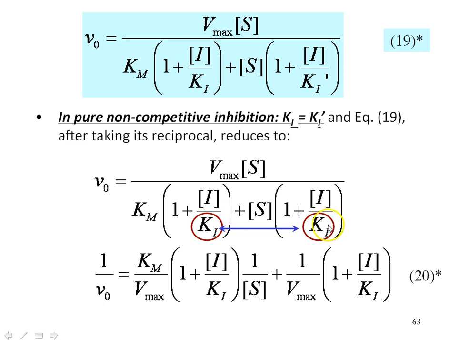So I drop the prime here. These two are equal, and now you can simplify things further. If you take the reciprocal to get the Lineweaver-Burk plot, that term over that, and that term over that, you get this.